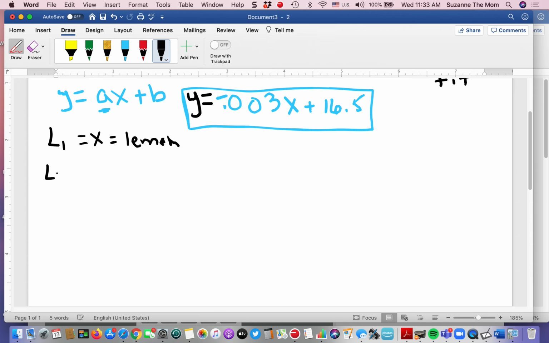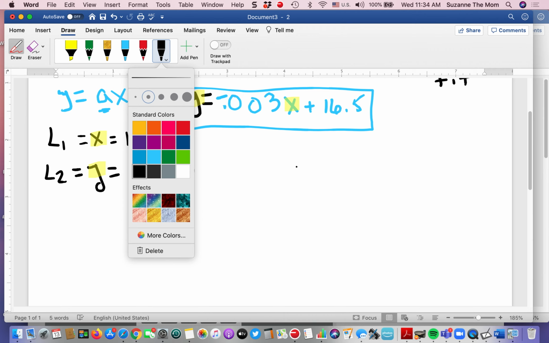And in L2, that's our Y value, which is our crash fatalities. So if I want to ask a question about fatalities, I'm solving for Y. And if I am looking to find out something about how many lemons, I am solving for X.